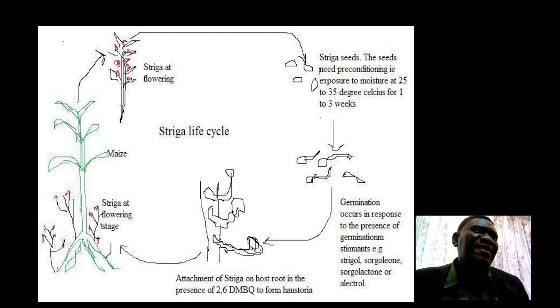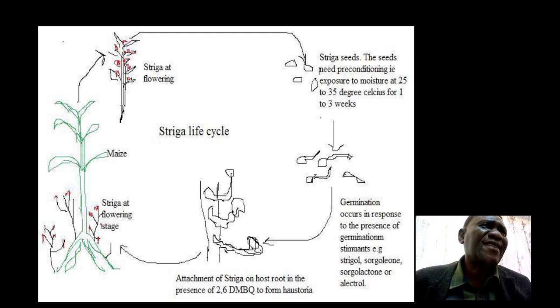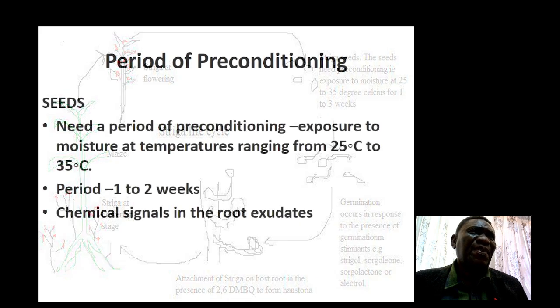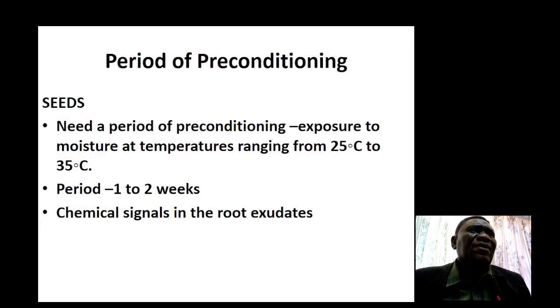After emergence, you will have the plant having red flowers which are produced more or less after 4 weeks from emergence, and they then produce seed, and again the life cycle continues.